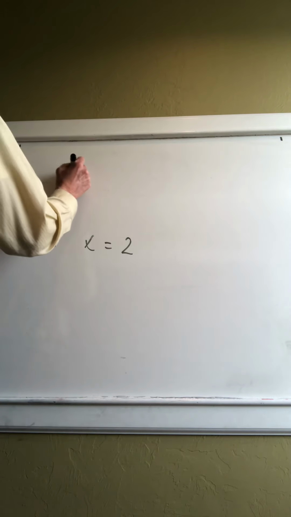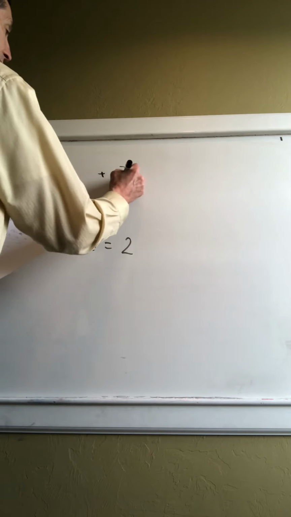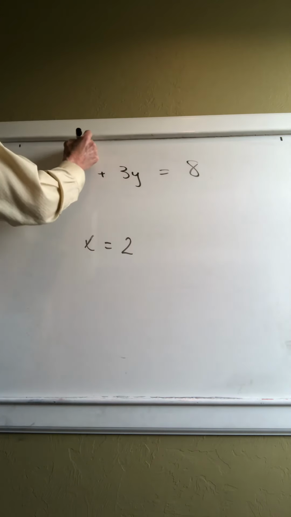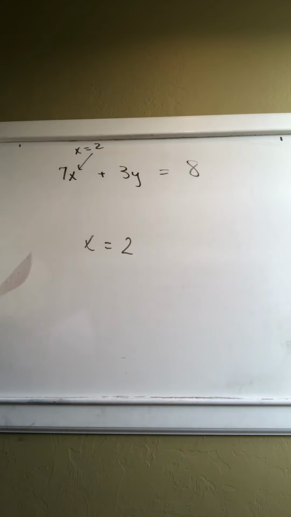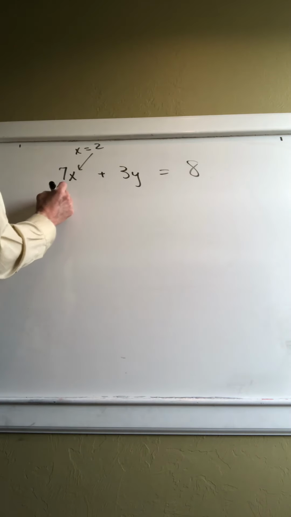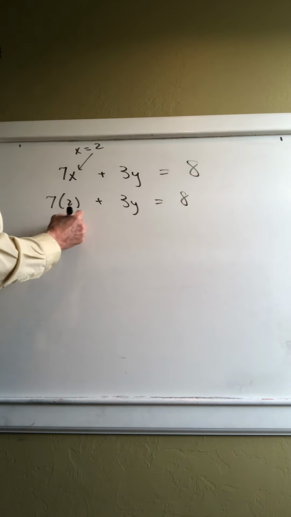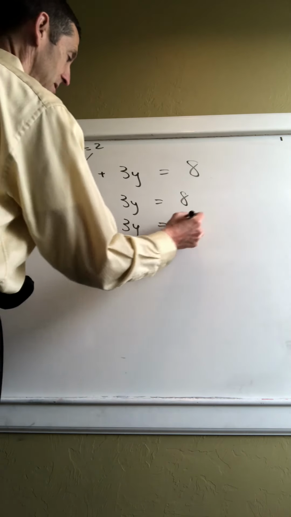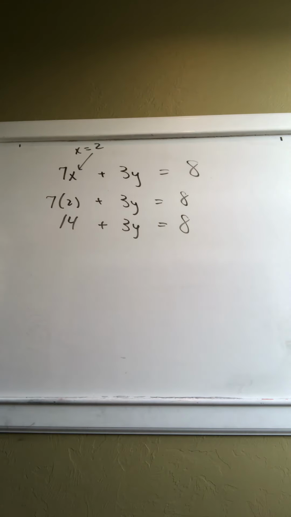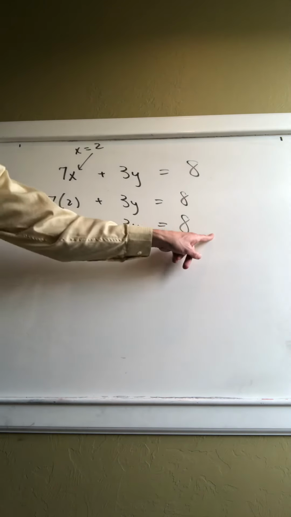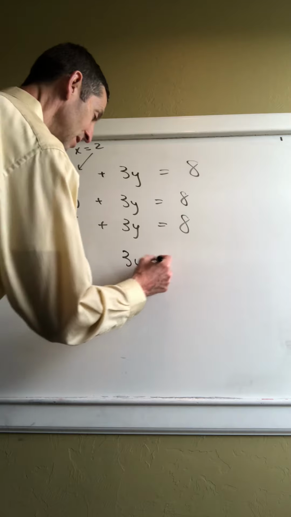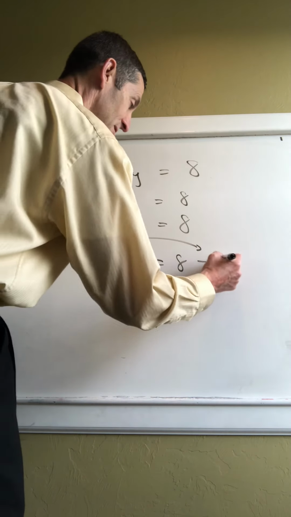Here we go. So I had 7x plus 3y equals 8. So I went all the way to my top equation, dropping it in there. 7 times 2 plus 3y equals 8. Okay, let's clean it up. We've got the 14. He's got to get over with the 8. And there we go.